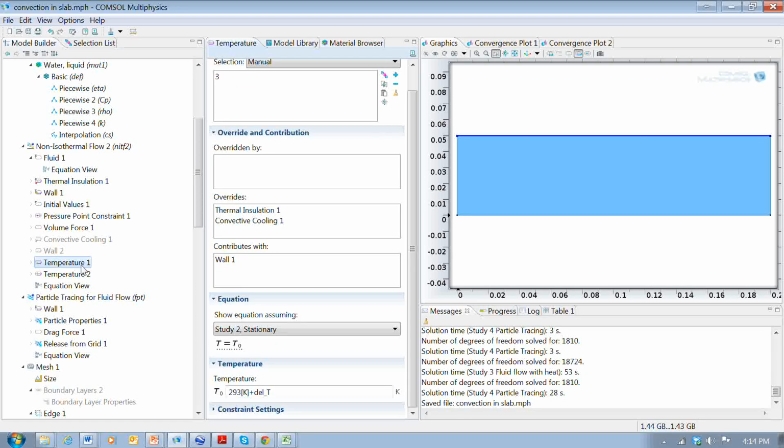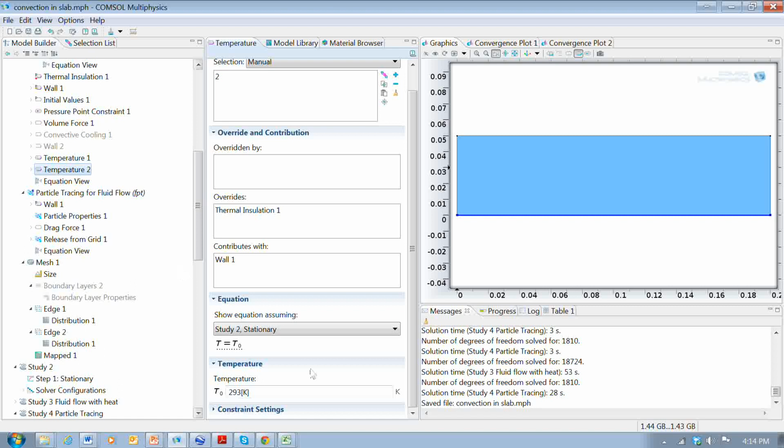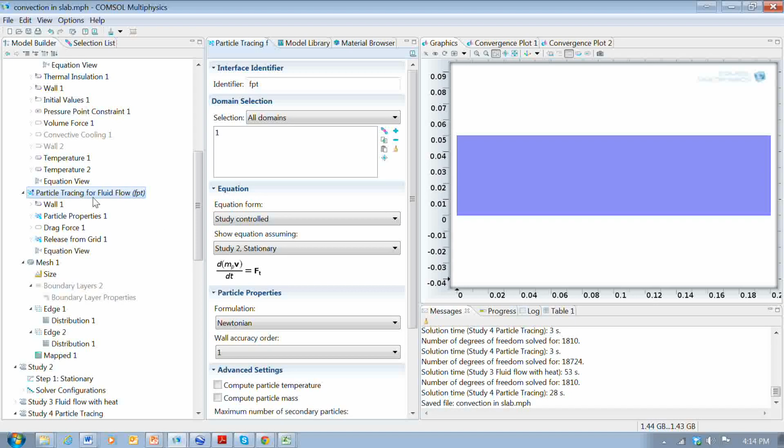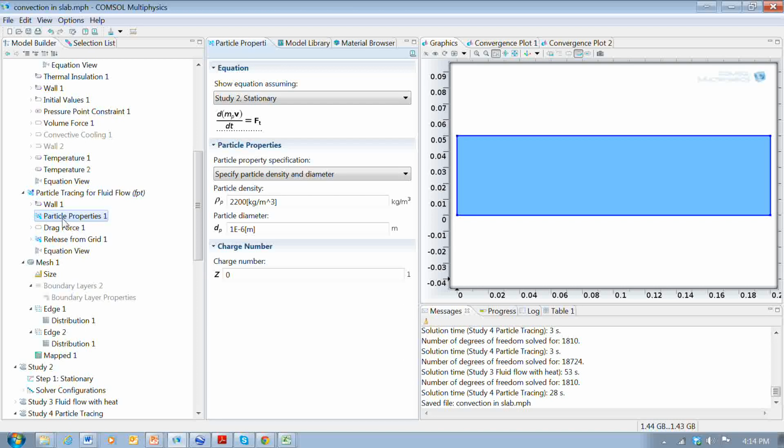So that'll help get things going. And the first setup that we're going to want to run is where we heat this slab of water from the top. And we're going to heat it by 1 degree C, 1 degree Kelvin. And the bottom is going to be a fixed temperature. So we'll set up some particle tracing, and I'll show you how that's set up. We've got particle tracing for fluid flow, and I think this is all just default particle properties.